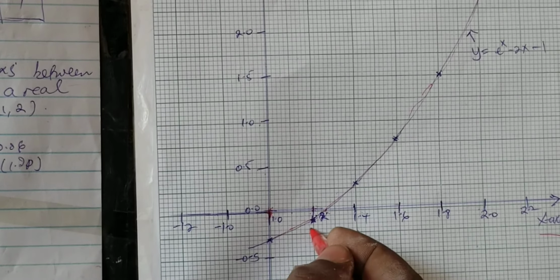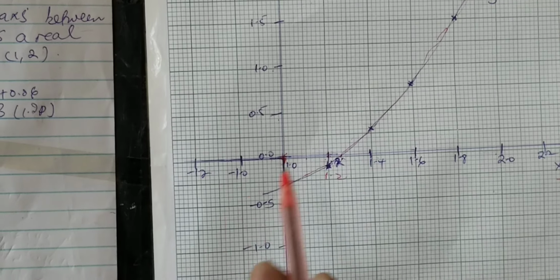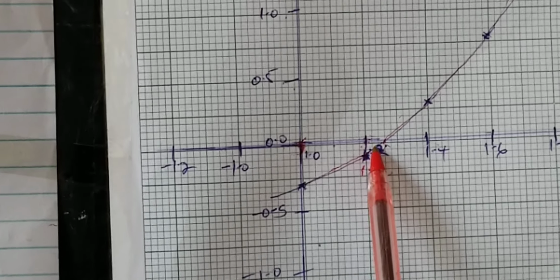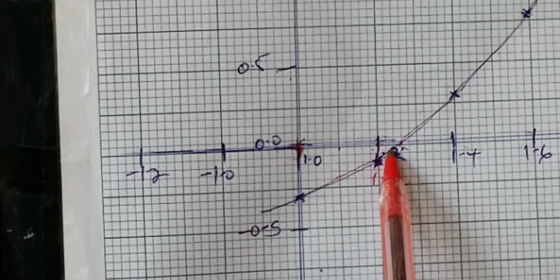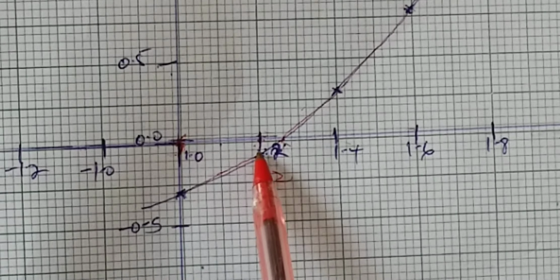Then you come back to the graph and locate using our scale. This is 1.2 here, this is 1.4, 1.6. Then we realize that when you count here, this is around 2 small squares.